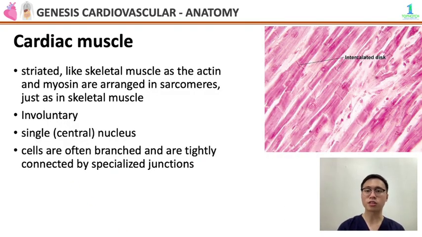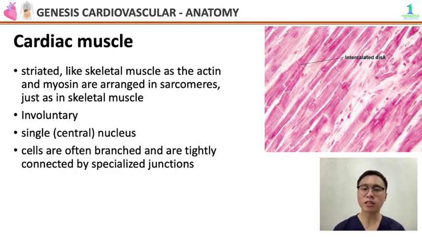So, cardiac muscles are striated like your skeletal muscles because they have actin and myosin filaments that are arranged in sarcomeres. So, that particular arrangement will give rise to the striations. Okay, they are involuntary, much like, ano ba yung involuntary din? Smooth muscles, right? Lining our internal organs.